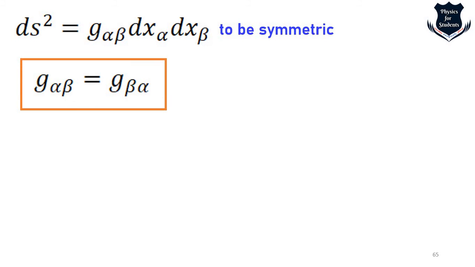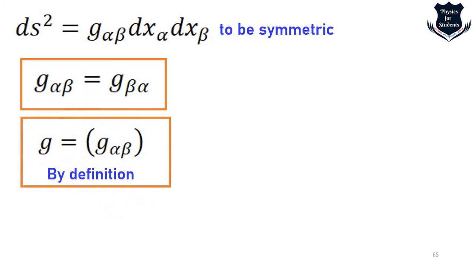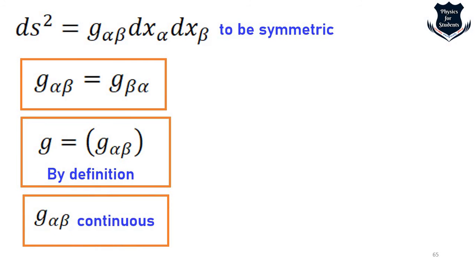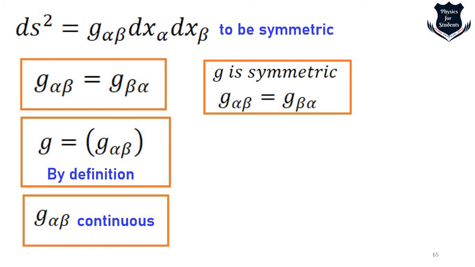Now there's a third way of saying it. In order to be symmetric, we must have by definition, G equals within bracket G alpha beta, which comes at the downstairs, right? And we know this is by definition, which satisfies the following conditions: all second order partial derivatives of this should be continuous. This is another one. It also needs to be symmetric.